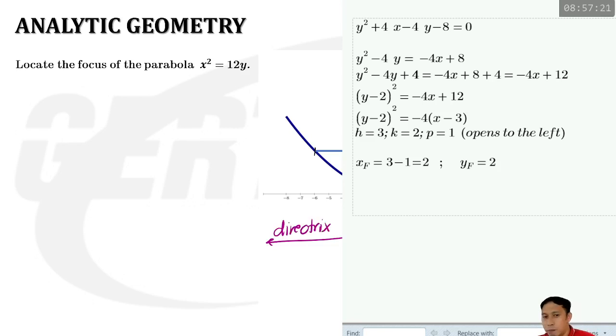Yung distance nito, no, from the vertex is equal to P, no? Ito dapat P din ito, no? Yan yung directrix. Okay? So, include natin yan, no?